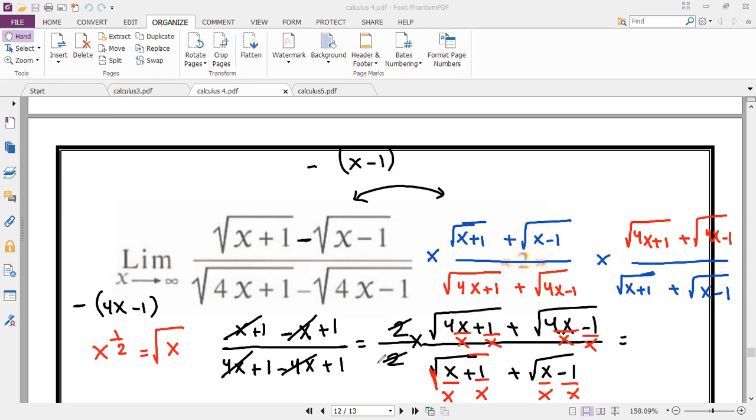So divide by x to the power of half, which is x under the square root. So you'll end up with the square root of 4 here, 2, and here 4, 2. So 2 plus 2 is 4 divided by. Here's the square root of 1. It's 1 plus the square root of 1, which is 2. So 4 divided by 2 here equals 2.